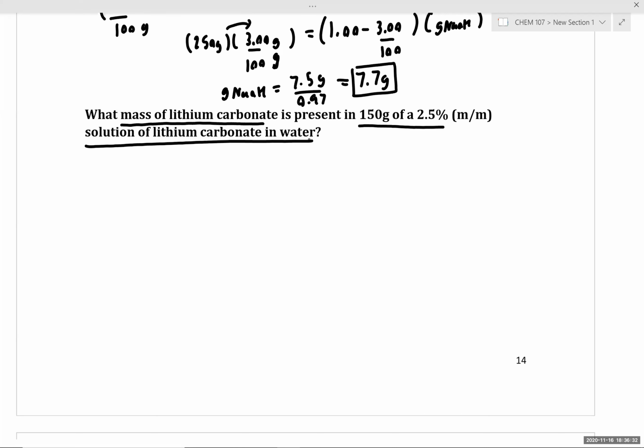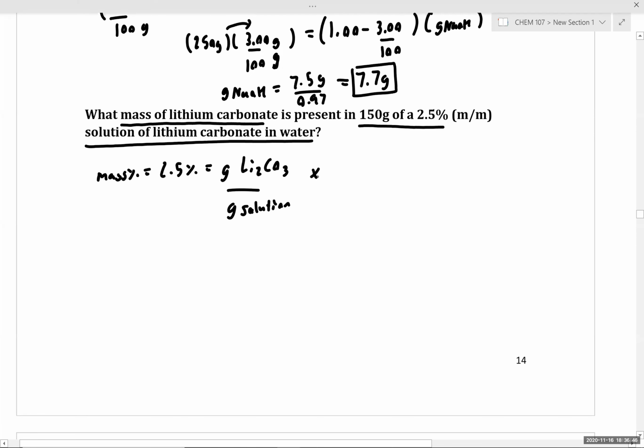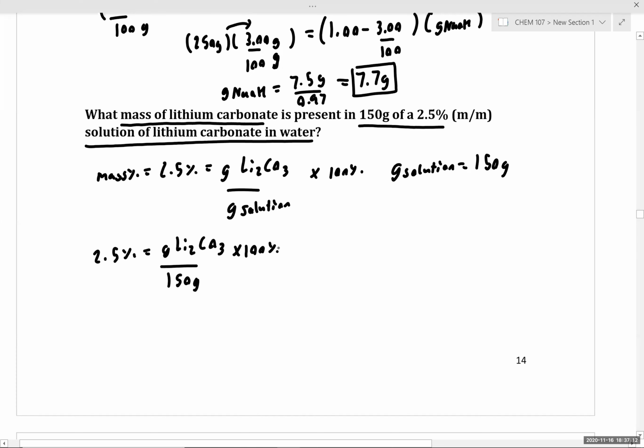Okay, so let's discuss. We know that the mass percentage, which is 2.5%, is equal to the grams of lithium carbonate over the grams of solution times 100%. And we know that the grams of our solution, which includes our solute and our solvent, is equal to 150 grams. Substituting, 2.5% is equal to the grams of lithium carbonate over 150 grams times 100%.